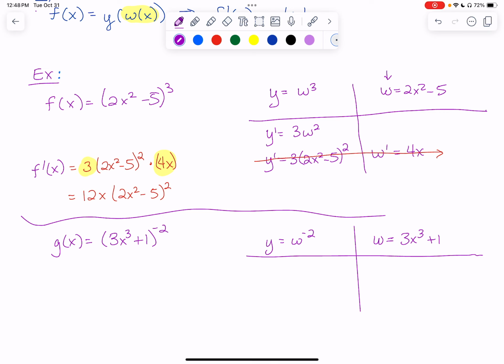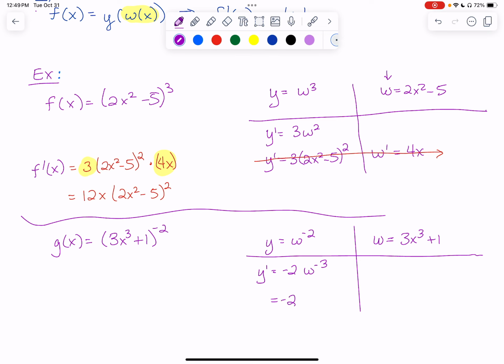There we are. I'm going to find my derivative of y, which is equal to negative 2 w to the negative 3. Remember, I multiply by my exponent. Don't lose that negative sign. And then I have w to the negative 2 minus 1. That gives me my negative 3. Again, I'm going to substitute in my w value that's right over here, because I don't want my final answer in terms of w, I want it in terms of x.